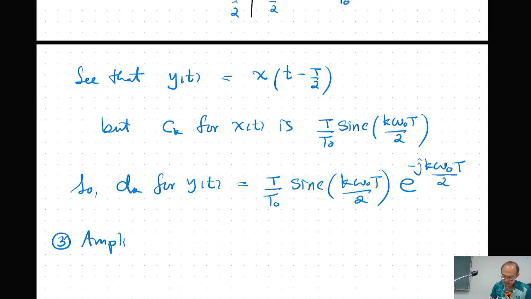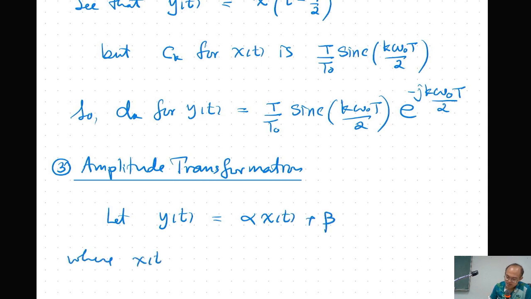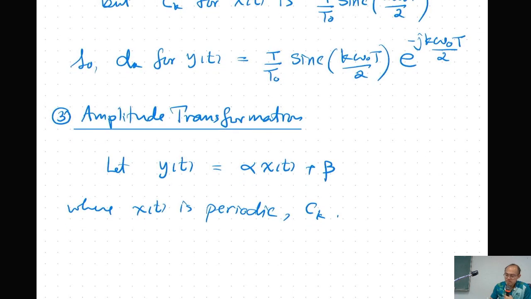Amplitude transformation. I'm not going to give you any example on this one because it's so easy. Let y be an amplitude transformation of x, and I'm going to assume that x is periodic again, with coefficient ck.